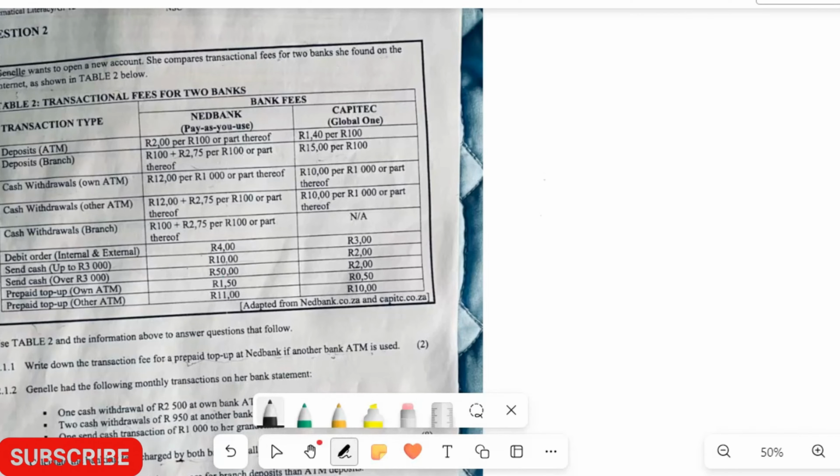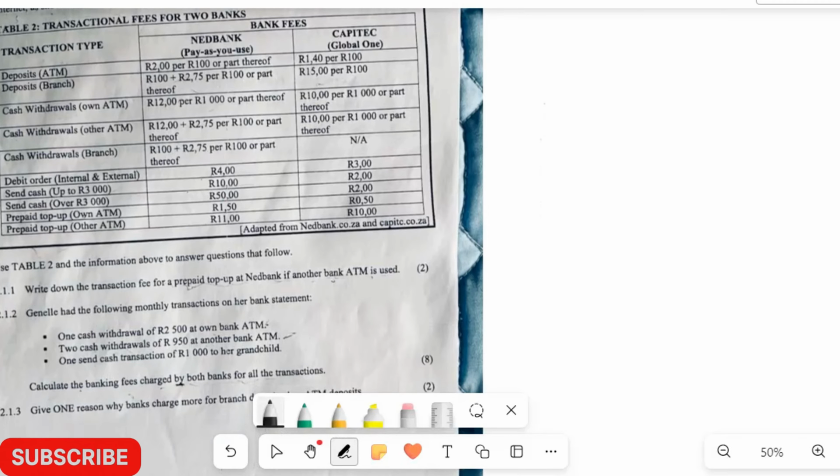When we have a table here, they say a particular person called Janelle wants to open a new account. So Janelle is a woman. She compares transactional fees for 2 banks she found on the internet as shown in table 2 below.